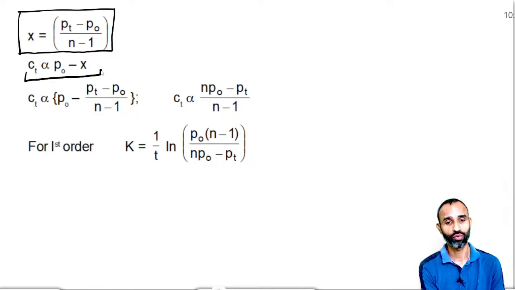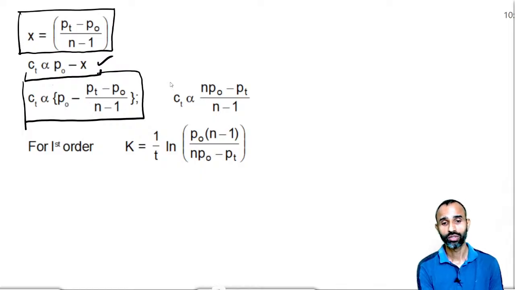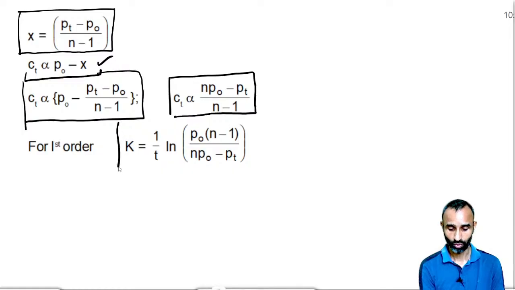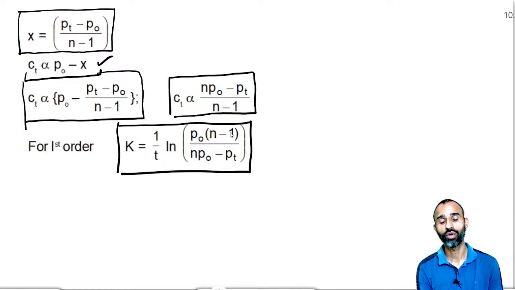Concentration after time t is proportional to P naught minus x. Putting the value of x, it comes out to be (n P naught minus Pt) upon n minus 1. So k comes out to be 1 upon t natural log of P naught into (n minus 1) divided by (n P naught minus Pt).